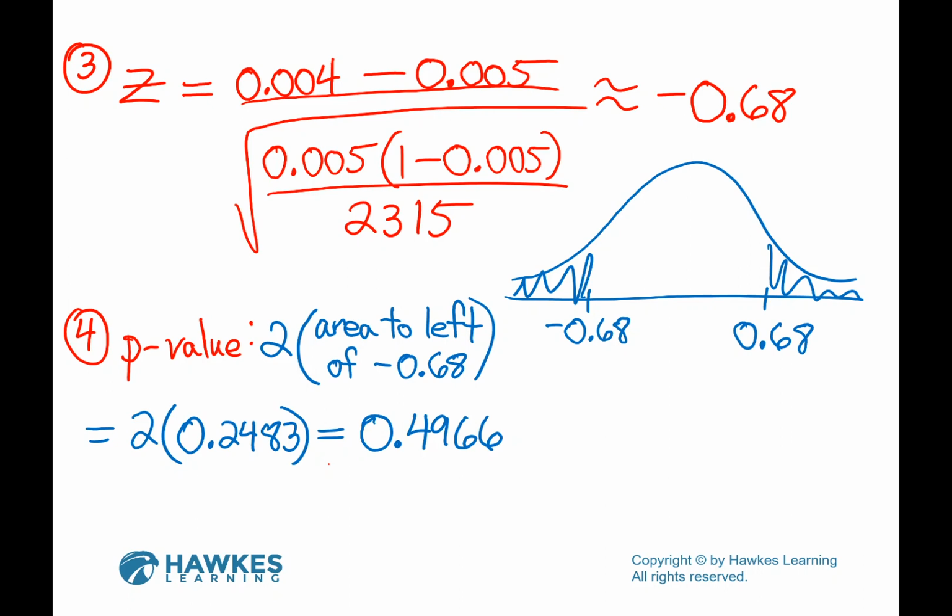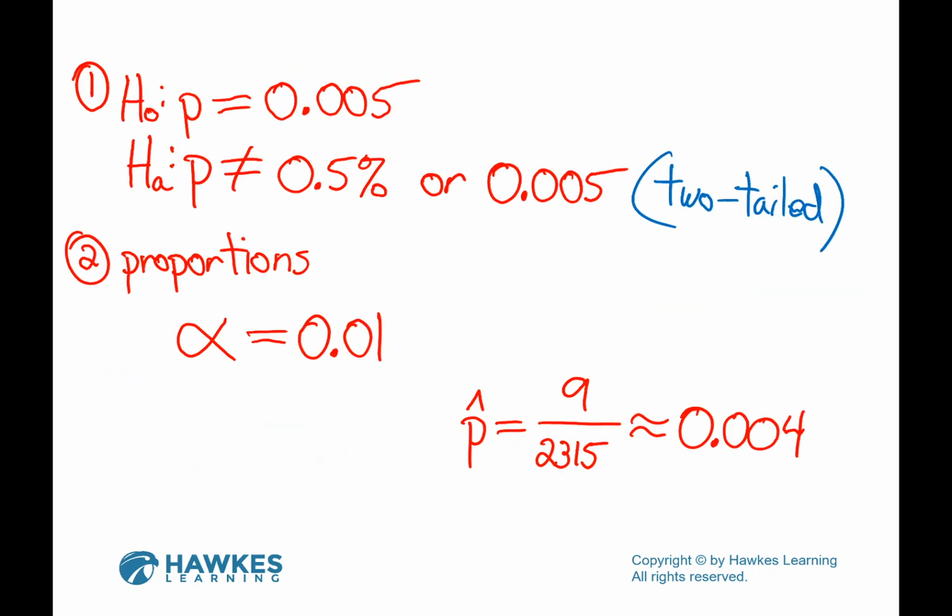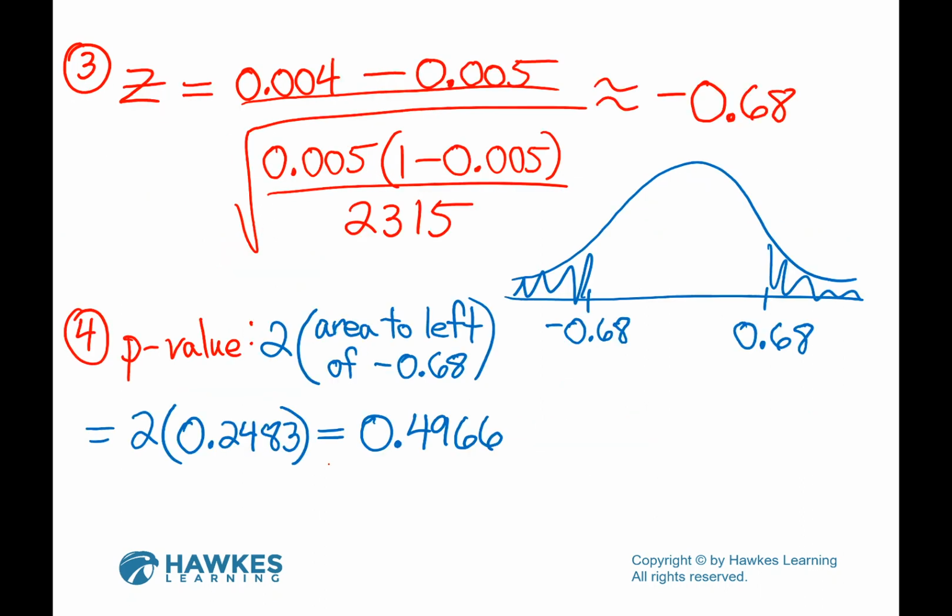So then we compare our p-value to alpha, which was 0.01. Our p-value was 0.4966. Alpha was 0.01. P-value is much bigger on this one. So what's our conclusion? Yeah, we failed to reject the null hypothesis.